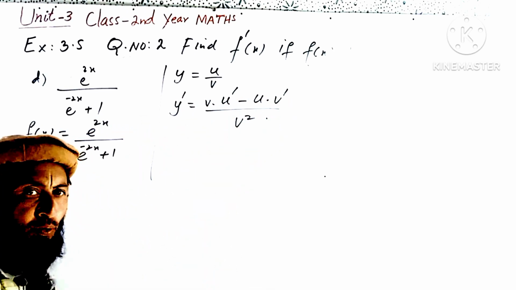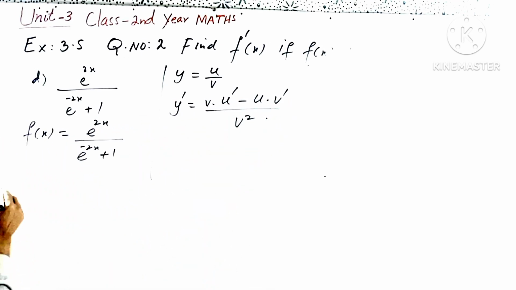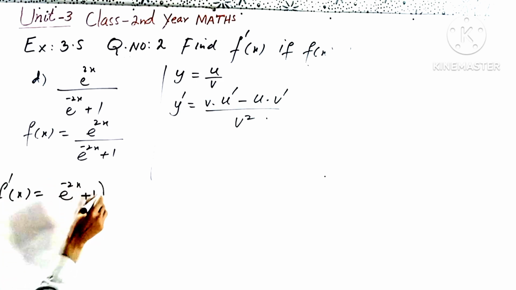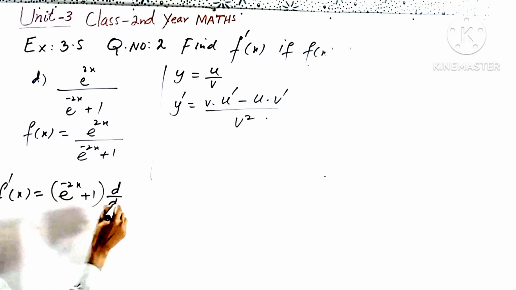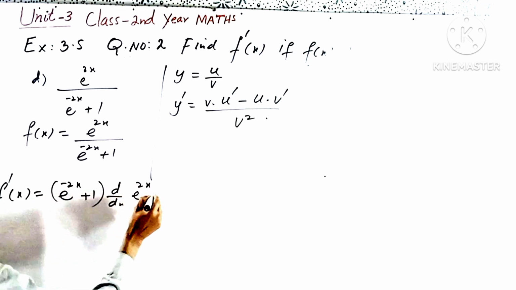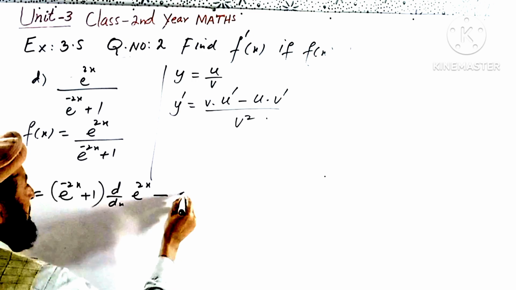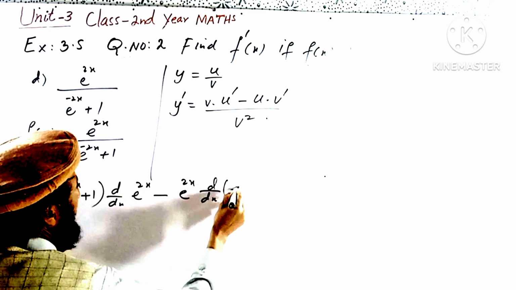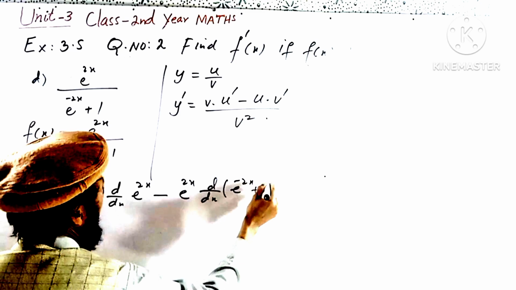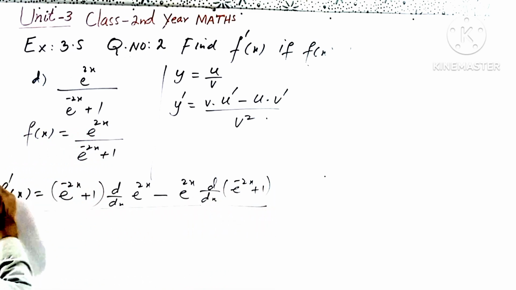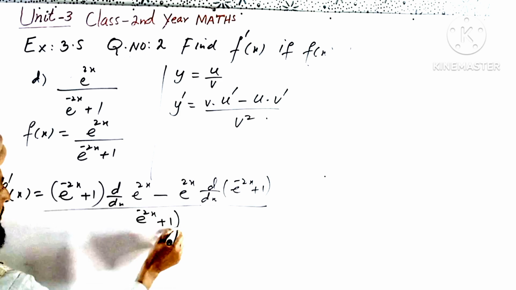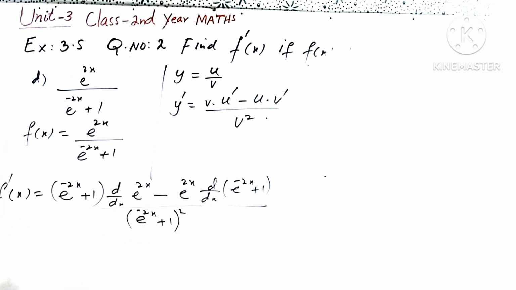This is the quotient rule we are using here. So f dash x is equal to, by the quotient rule, e power minus 2x plus 1 times the derivative of e power 2x, minus e power 2x times the derivative of the v function e power minus 2x plus 1, divided by e power minus 2x plus 1 whole square.